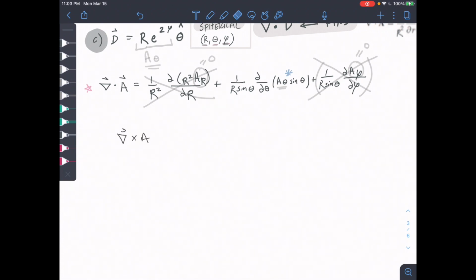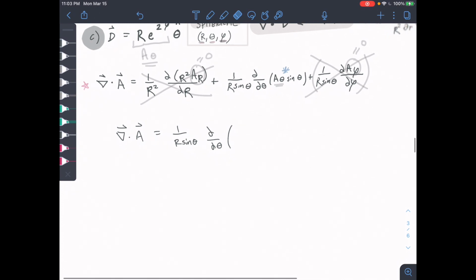Okay, oh, I'm sorry, dot. We're still doing del operator dot a. So the divergence, not the divergence theorem, just the divergence. 1 over r sine of theta, d d theta, and then let's plug in our a theta here. And notice that we have a multiplier of sine of theta. You can scroll up to the cheat sheet and see that that's in there.